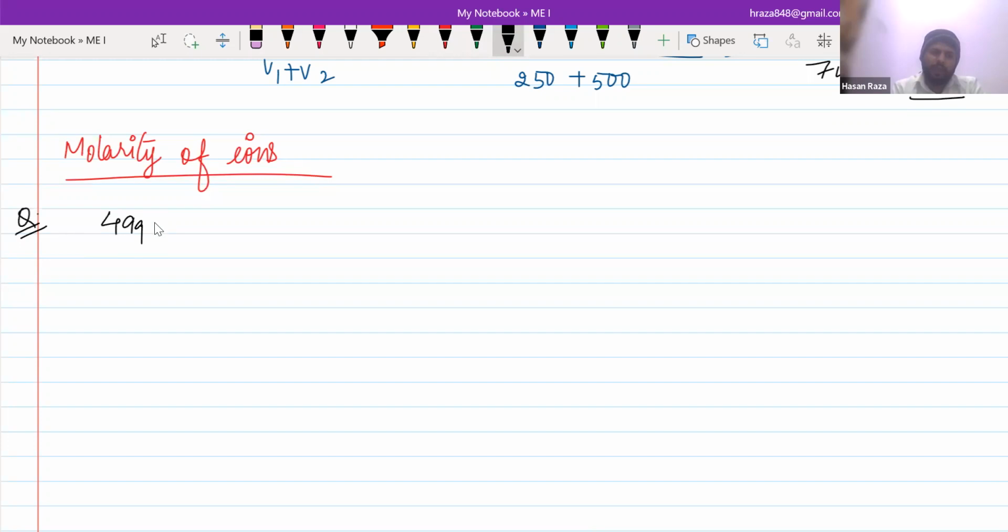Let's say we have 49 gram of H2SO4 in 250 centimeter cube of solution.